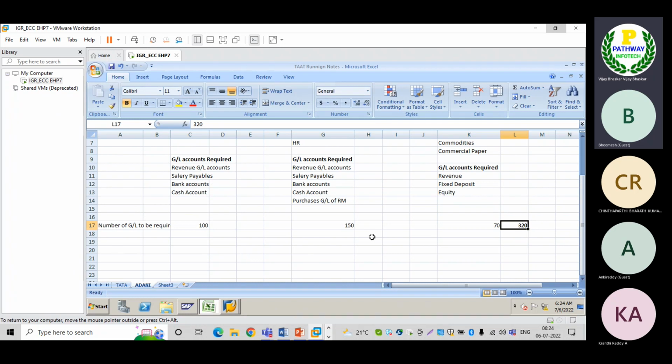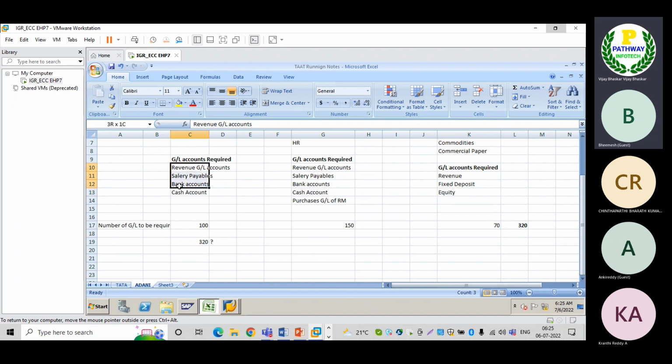If I create all 320 GL accounts for this legal entity, what is the use? I would only require a revenue GL account, salaries payables, bank account, and cash account for this legal entity.